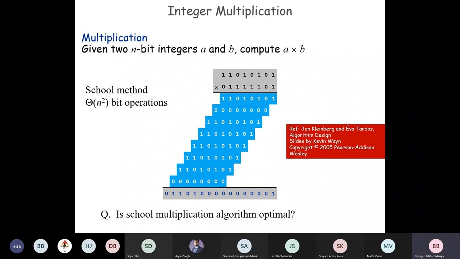And the related question is, is this multiplication algorithm optimal? Any thoughts in this direction or any comment? Can you do faster than quadratic operations?